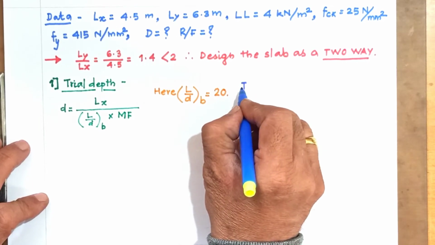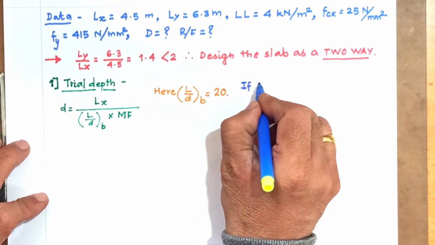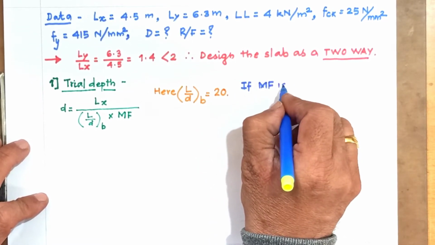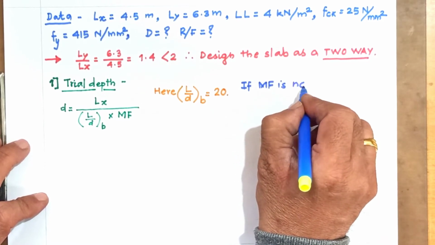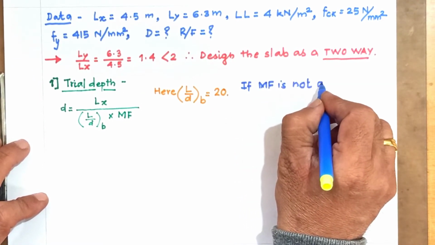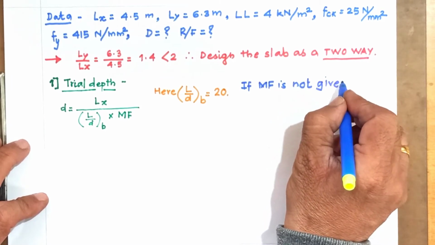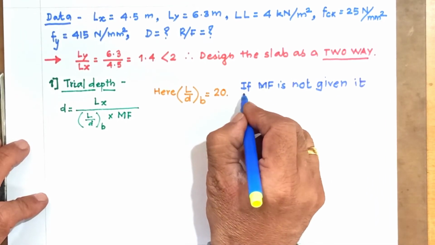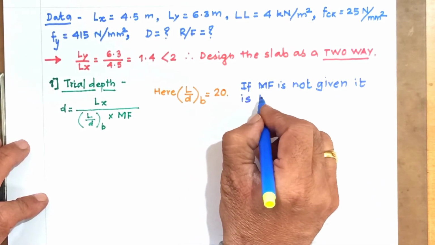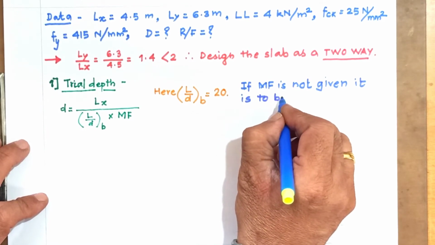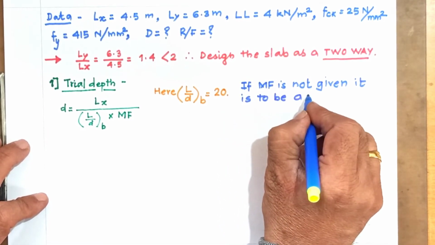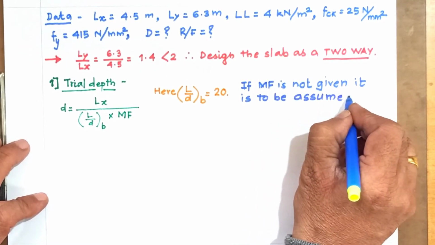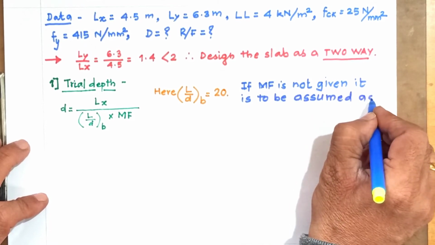If MF is not given, it is to be assumed as follows.